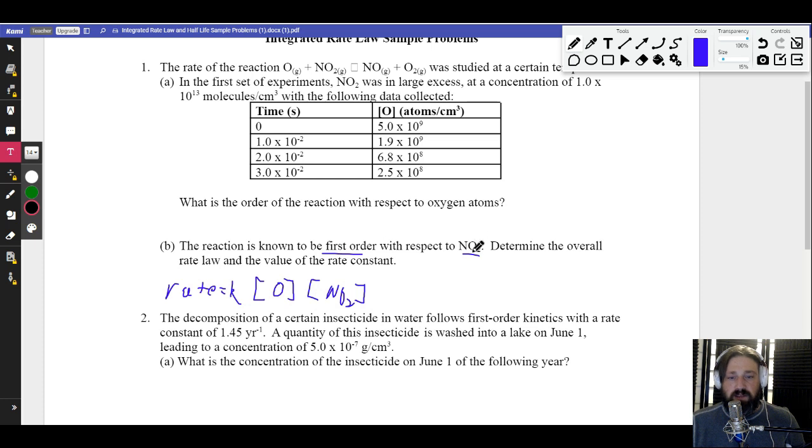They told us that NO2 is first order, and we found out up here that O is first order. So this entire thing is second order.